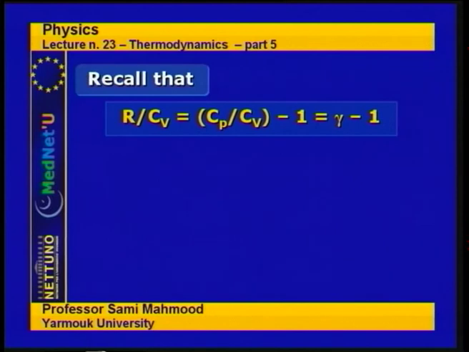So we will get R over Cv is simply equal to Cp over Cv minus 1. And the ratio of the molar specific heats of the ideal gas, Cp over Cv, we call it gamma. So then we get R over Cv is equal to gamma minus 1, where gamma is the ratio of the specific heats.